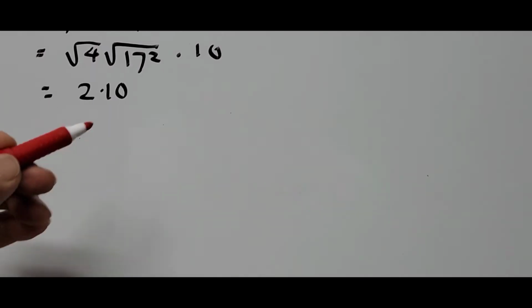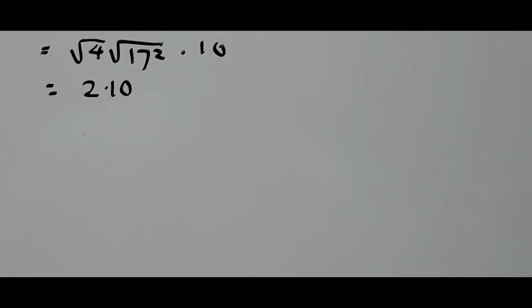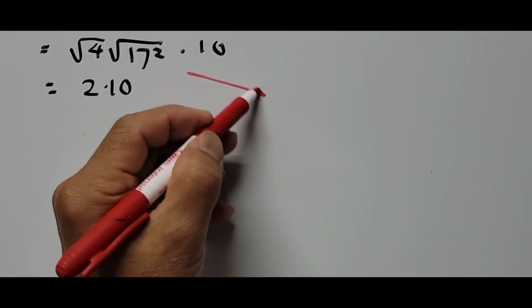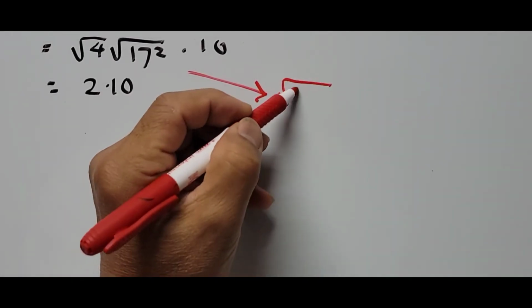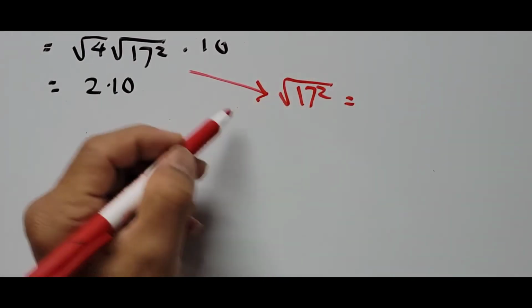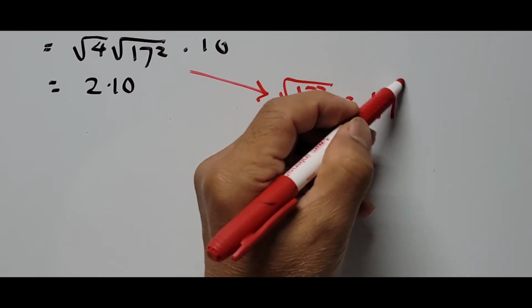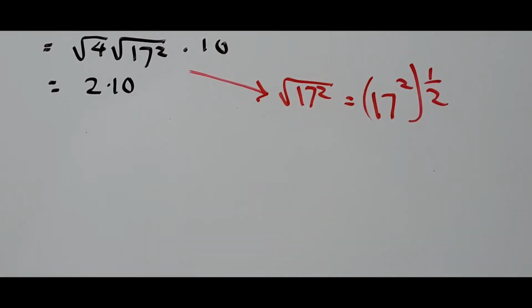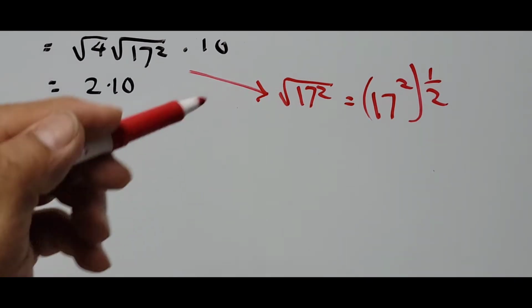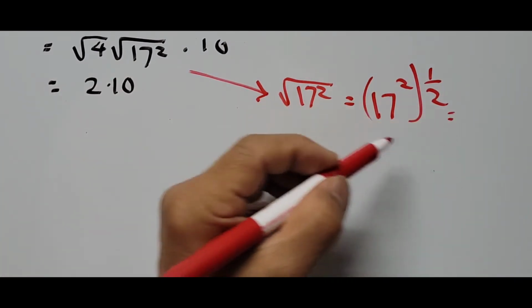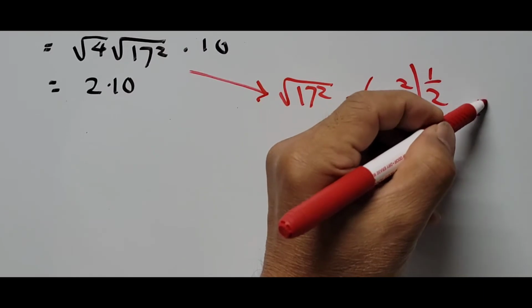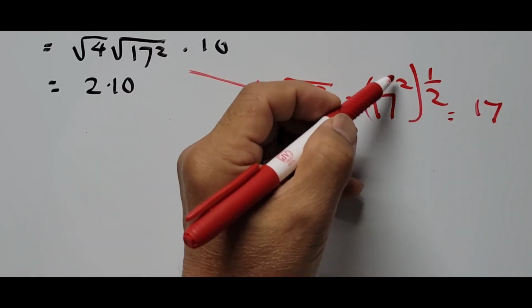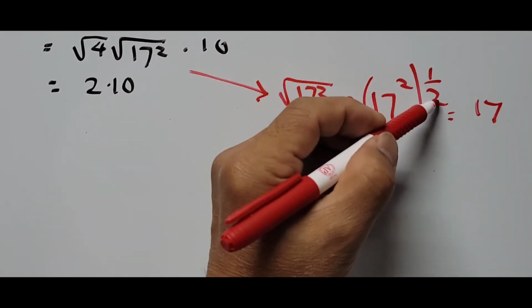Since the square root sign is represented by an exponent of 1/2, see this one right here, 17 squared is raised to the 1/2 power. So if you simplify that, it will come up to just 17, since you're multiplying 2 by 1/2.